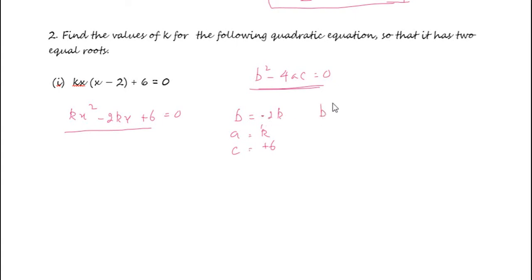b² − 4ac = 0. This is the condition for the roots to be equal.